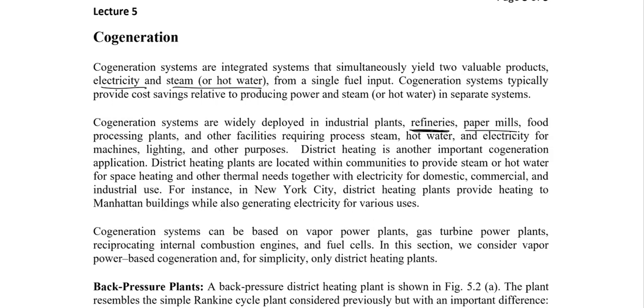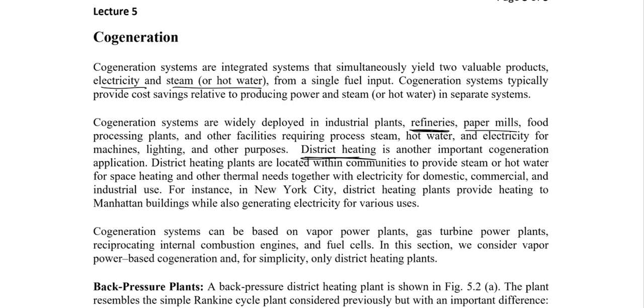So cogeneration is much more important in those industries or areas where both hot water or steam and electricity are required. District heating is one example of it. District cooling is also one example of cogeneration.